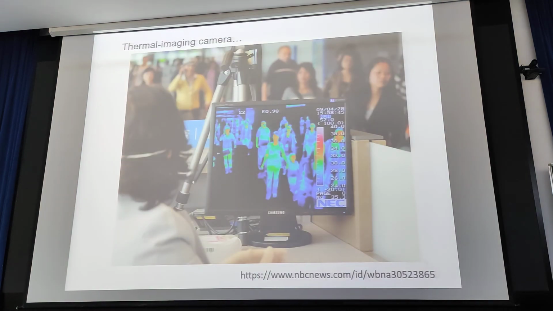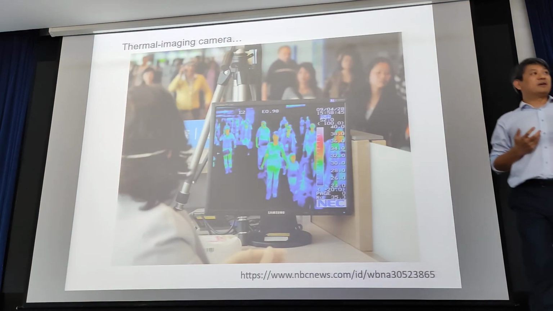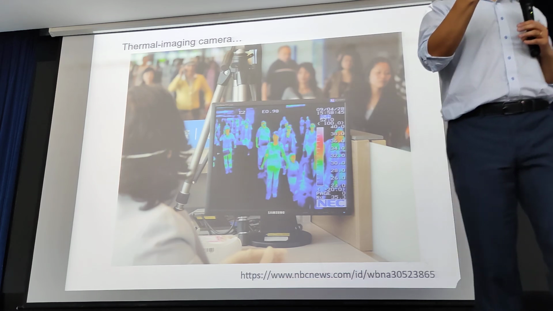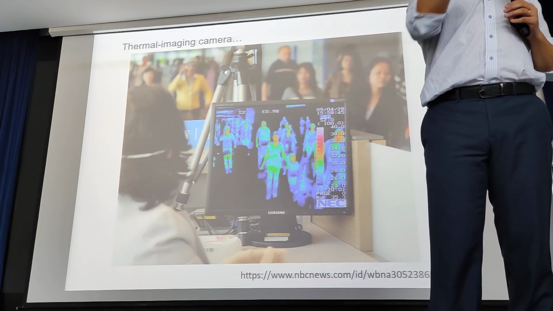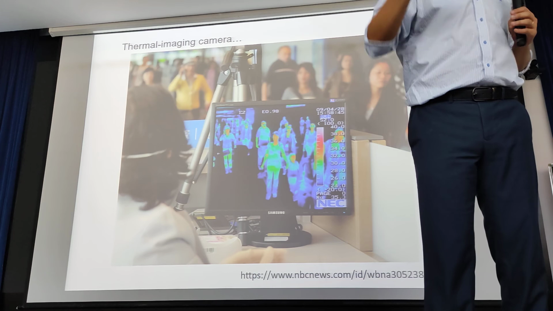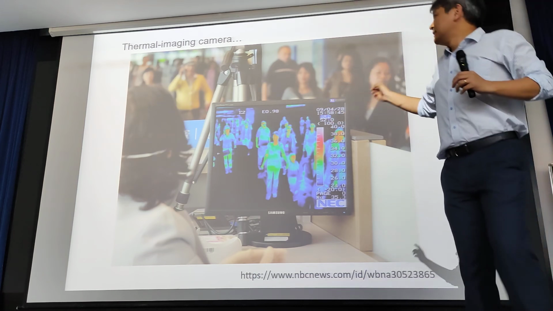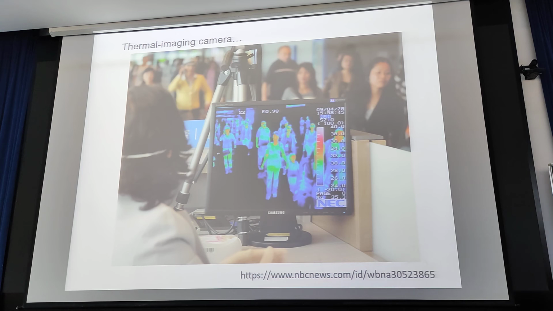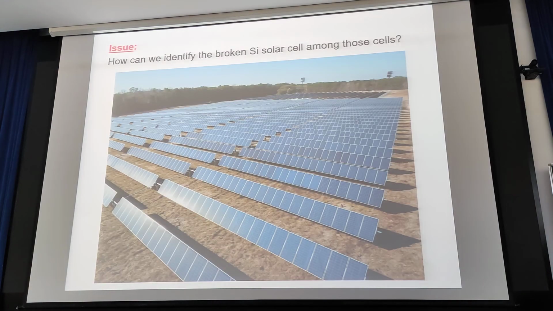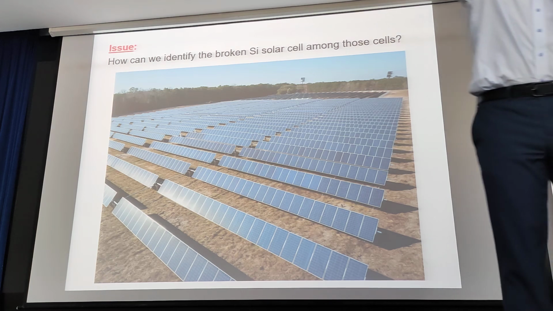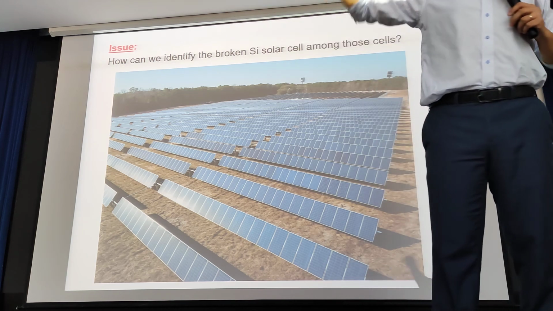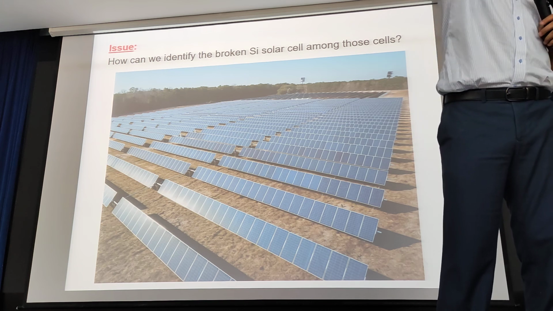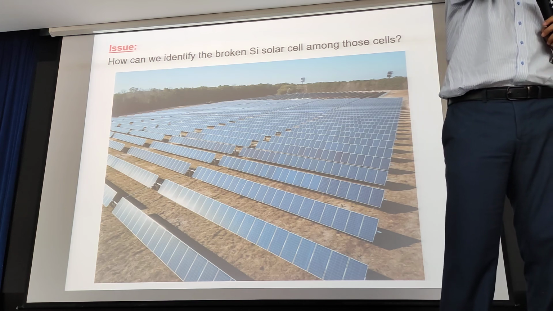You know how a thermal camera is used to detect people with a fever: if you have only a 1 degree difference, you can detect it. So our friends in Grenoble take a flying drone with a screening camera to fly over the solar farm. When they see a higher temperature, they quickly say that in this area you have trouble with the solar panel.